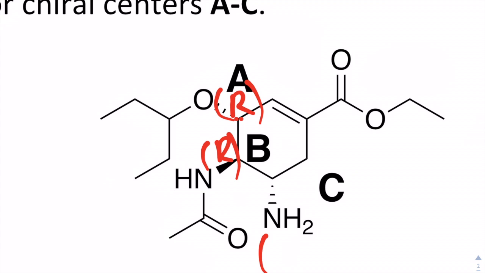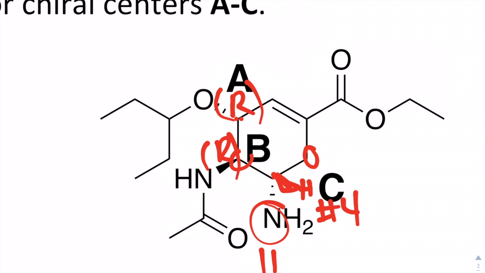So let's consider C. For C, we have this carbon we're analyzing, and there is a nitrogen, a carbon, and that hydrogen. So we said that that hydrogen is going to be on a wedge because that nitrogen is on a dash, so that's clearly number 4. And that nitrogen was clearly number 1. So now we have to decide, is the carbon with the hydrogens attached to it more important than the carbon with the nitrogens attached to it? Well, no. So this is clearly number 2.